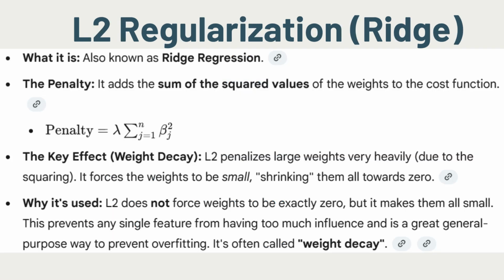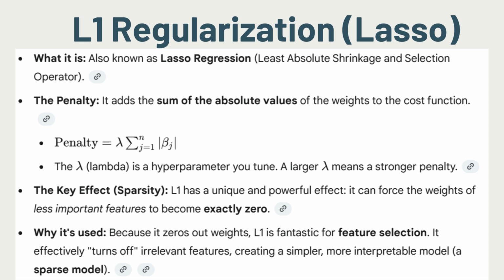L2 adds the sum of the squared values of the weights to the cost function, penalizes large weights heavily, forcing the weights to be close to 0. This prevents any single feature from having too much influence and is a great general-purpose way to prevent overfitting. L1 on the other hand adds the sum of the absolute values of the weights to the cost function.